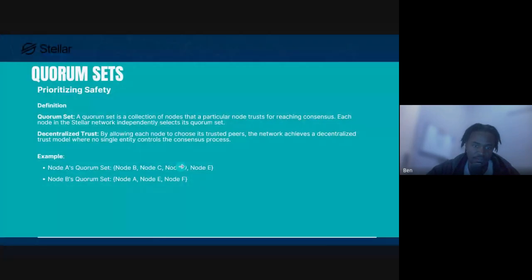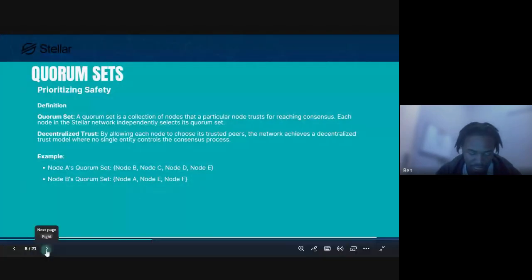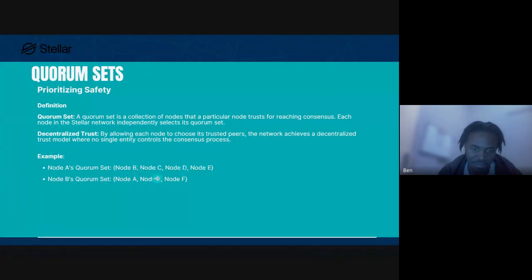Okay, now we're talking about the blocking set. Let's say node B, the quorum slice in this case will want at least 3, right? Because we want at least 3 to come to full agreement before A can agree. But now let's say 2 nodes, B and C, disagree, but node D and node E agree.